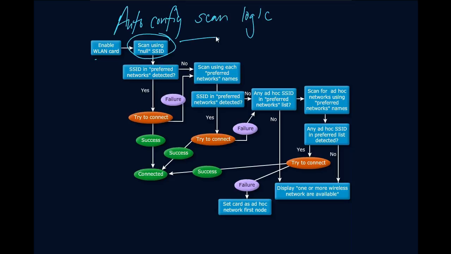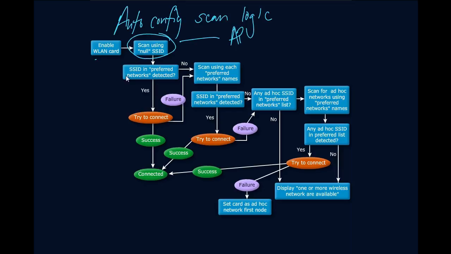All the APs in the area will respond, unless they have broadcast turned off, unless you set them to not respond. APs are going to respond to this null probe. And then your wireless network card can begin to bring in all these wireless networks that are available.